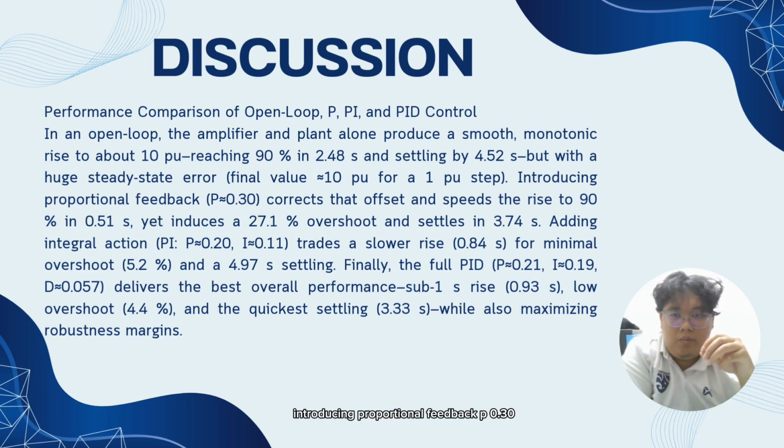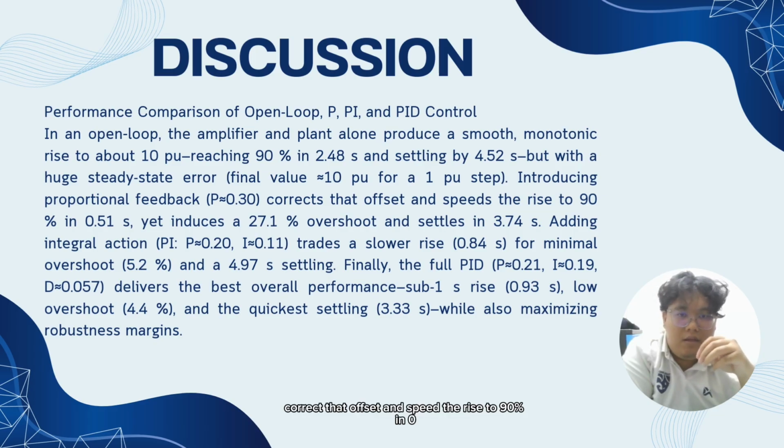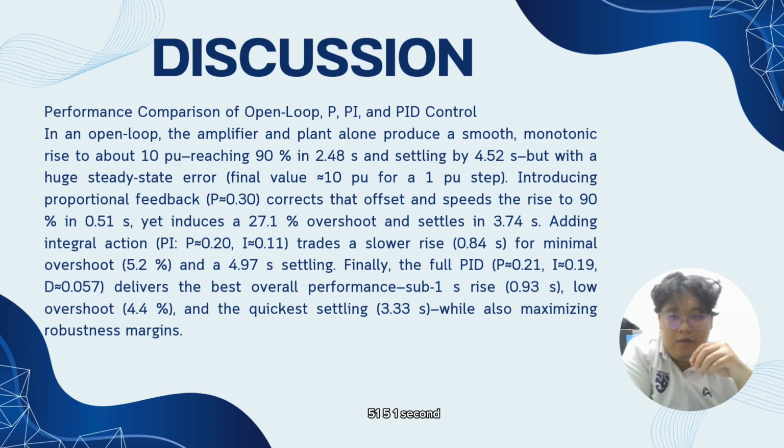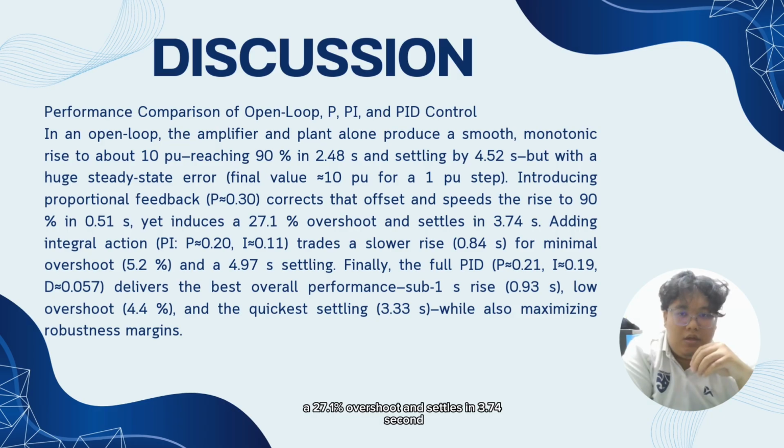Introducing proportional feedback, P = 0.30 corrects that offset and speeds the rise to 90% in 0.51 second, yet introduces 27.1% overshoot and settles in 3.74 seconds.